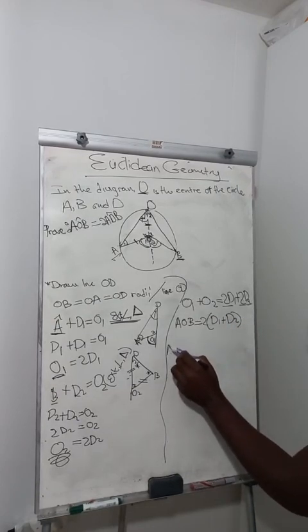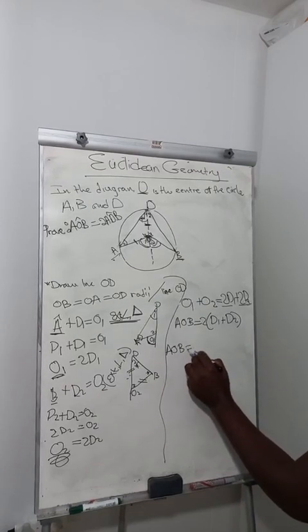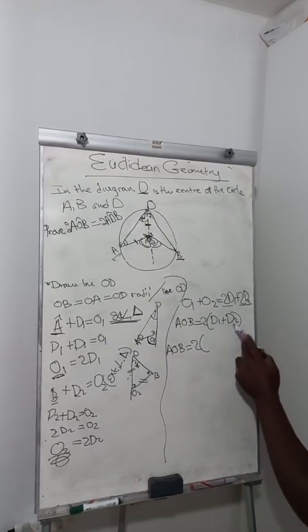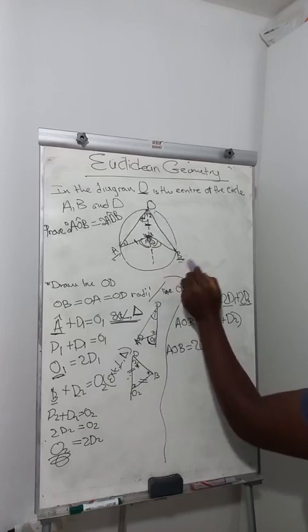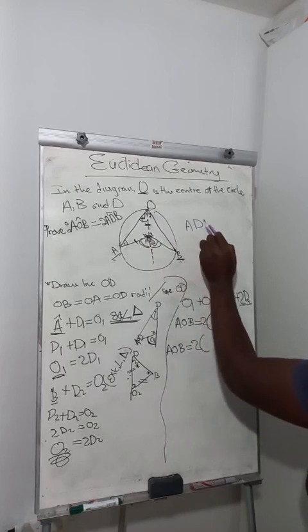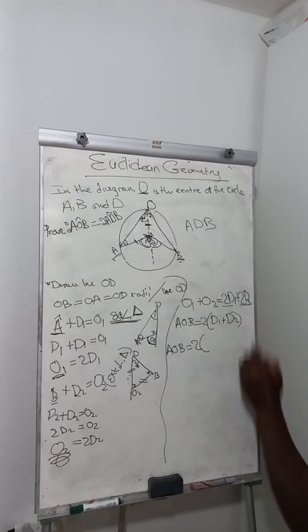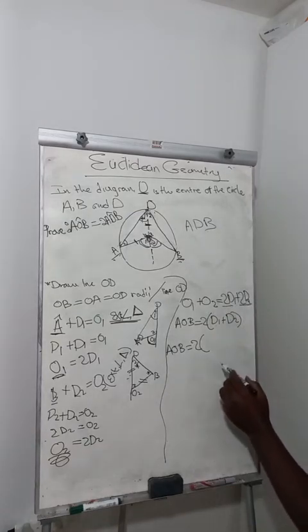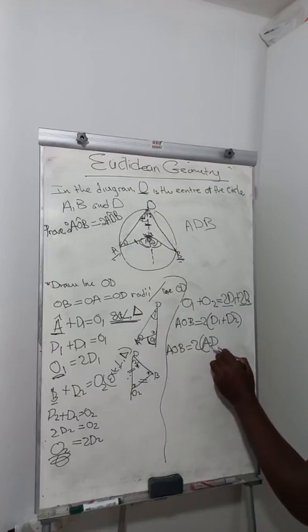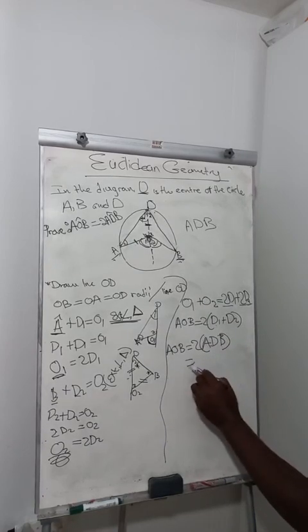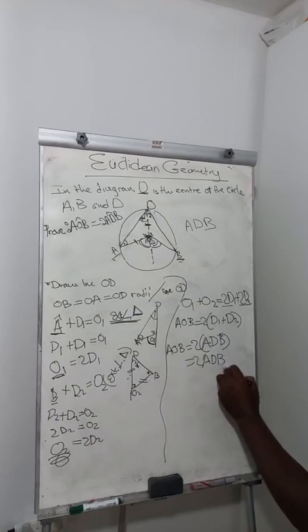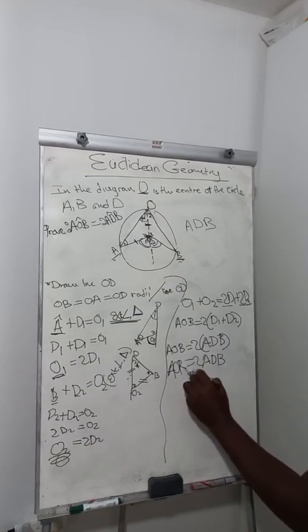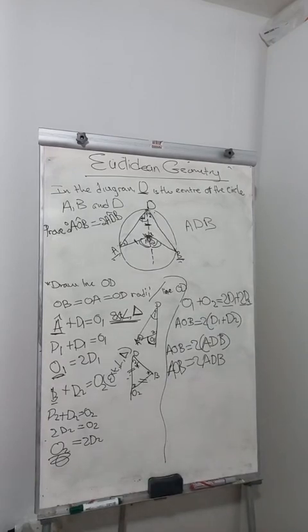So now AOB will be equal to 2 into, and D1 plus D2 is just ADB. So your final answer will say AOB is 2 ADB. You'll have something like that as your final answer.